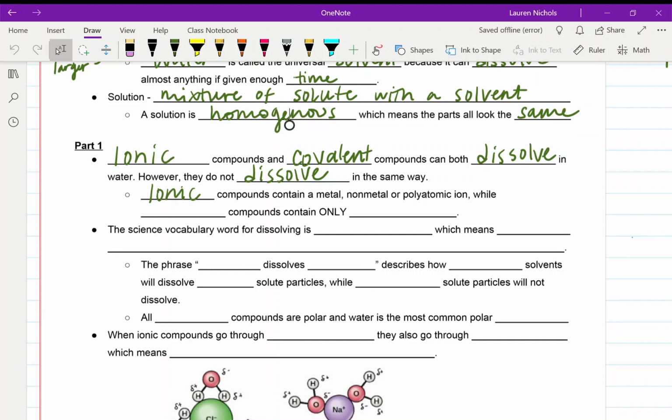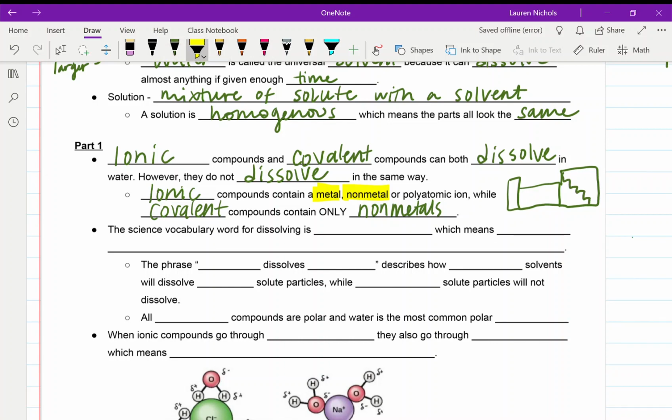Typically, though, we'll see it where you have a metal and a nonmetal. Whereas covalent compounds are compounds that only contain nonmetals. And as a friendly reminder, if you can't remember how to tell if something is a metal or a nonmetal, on your periodic table, which this is a beautiful drawing, there is a staircase.